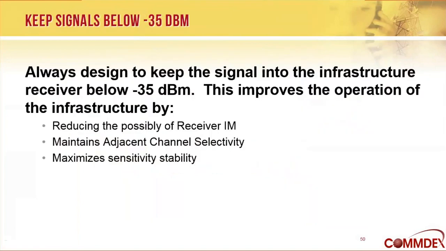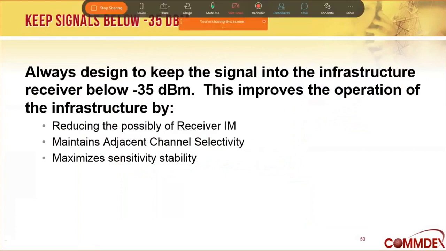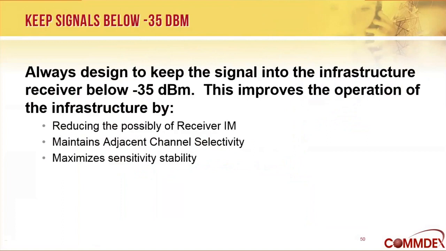So, some of the design rules that we use: try to keep the signal into the infrastructure receiver below minus 35 dBm. This is a rule of thumb. Anything higher than that is typically going to desensitize the receiver, and so it will increase the possibility of intermod and cut down on the sensitivity. So we want to keep our receive signals below that.